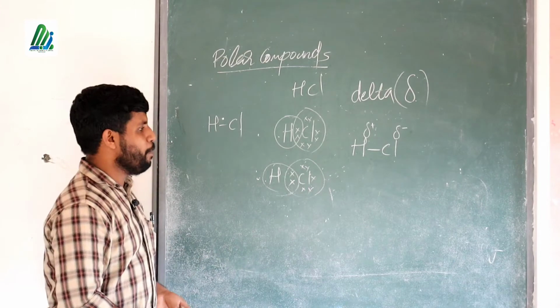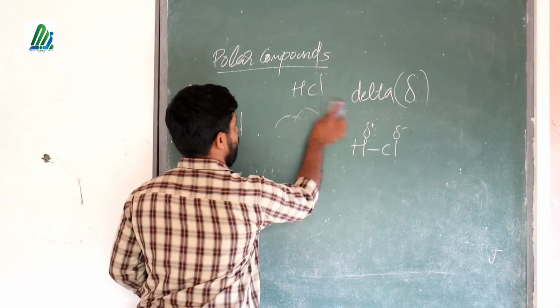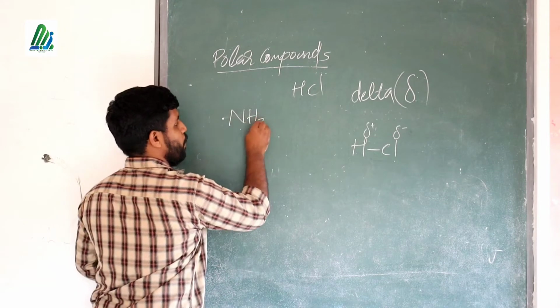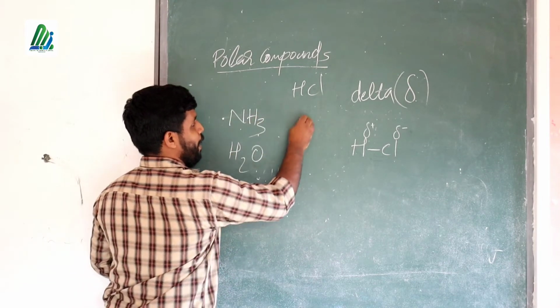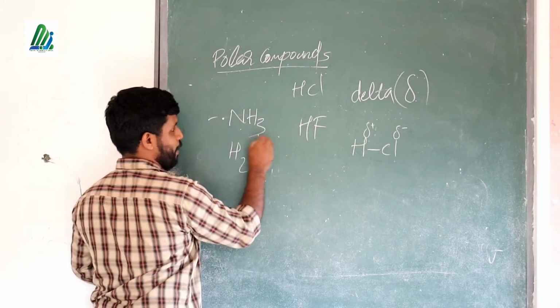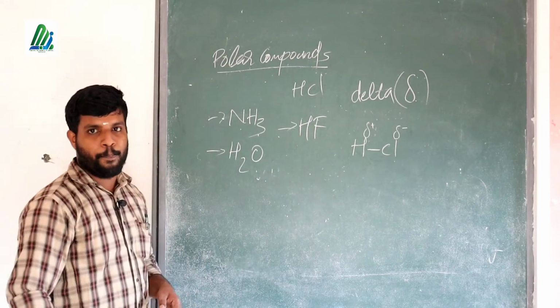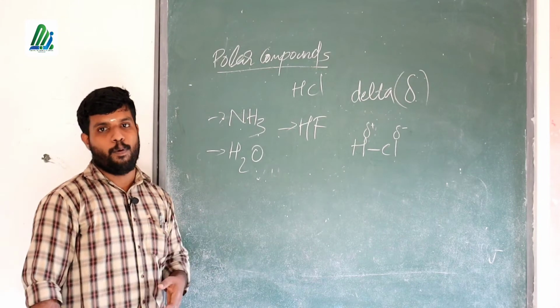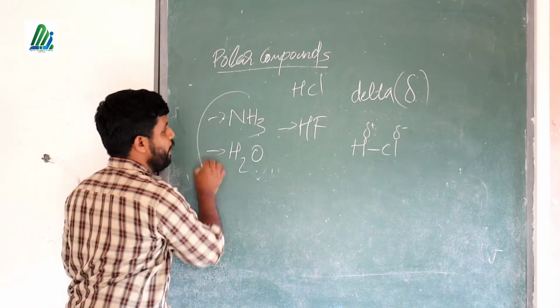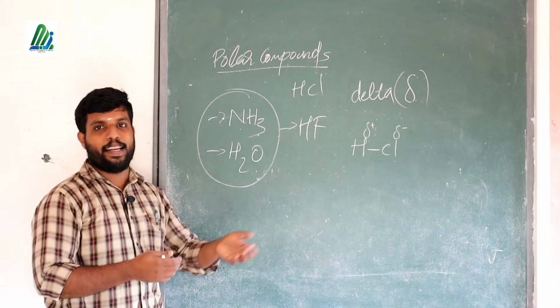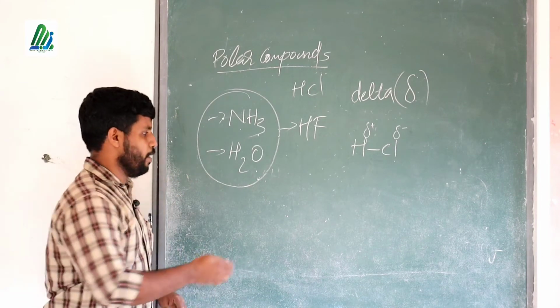Then another example for polar compounds are NH3, H2O, then HF, etc. NH3, H2O, HF are other examples for polar covalent compounds. Especially NH3 and H2O get their polar nature due to their structure.